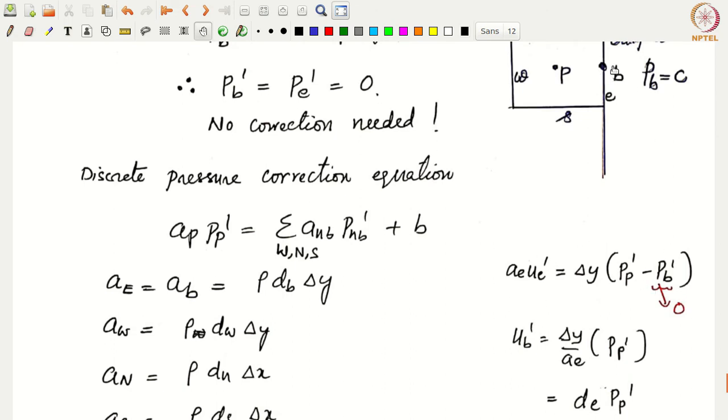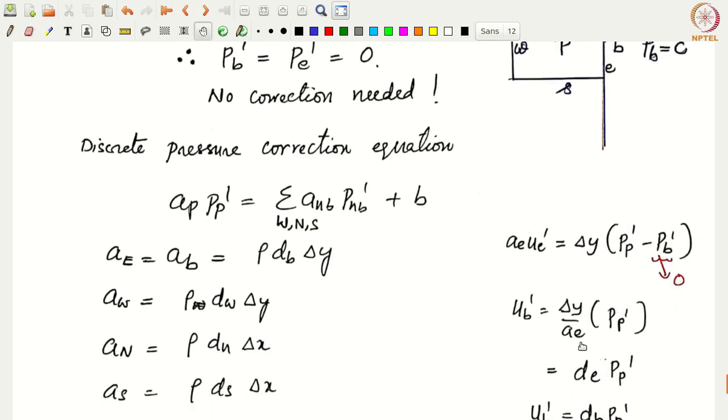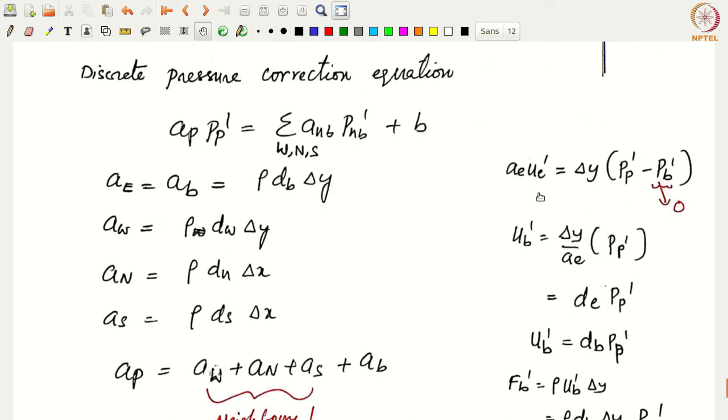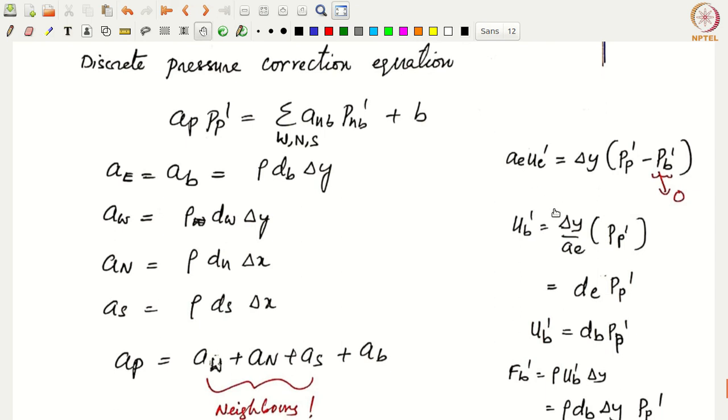That means u_E prime, which is also u_B prime, is delta y by a_E times P_P prime. So this contribution of d_E is only going into a_P but not into a_E. As a result, a_E is 0. It's only going into a_P.